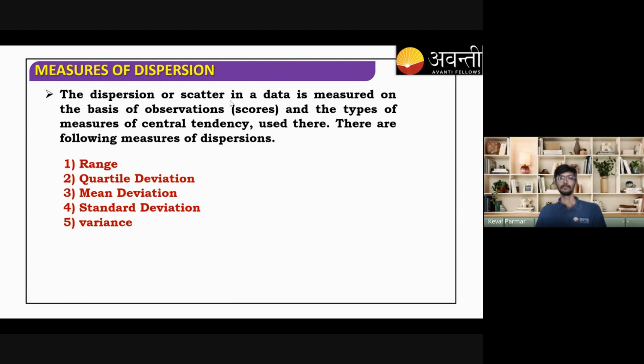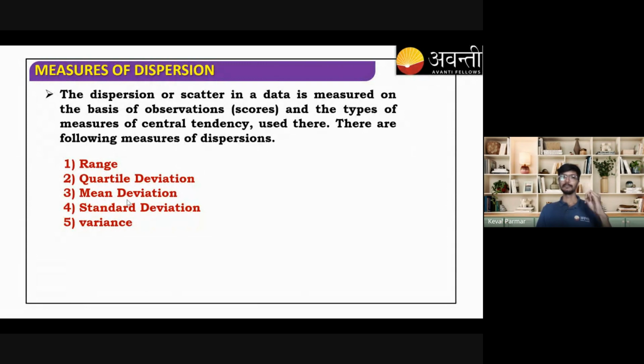These we have covered. Quartile deviation and mean deviation are all a part of deviation. So majorly we have to study three things: range, variance, and deviations.